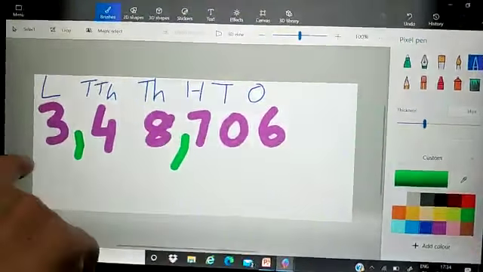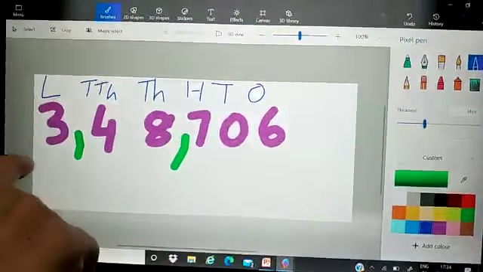I'll show you how the 6-digit numbers are arranged on the abacus. We have the place values, that is lakhs, 10,000, 1,000, 100, tens, ones, and we have the number here. So if there is 6 in the ones place, we arrange 6 beads. 2 in the tens place, we arrange 2 beads, and so on.